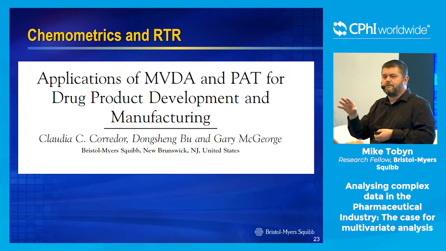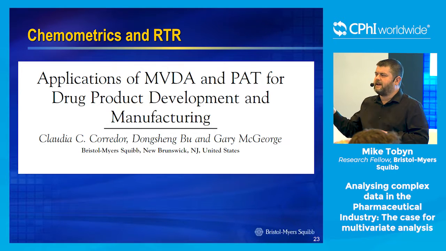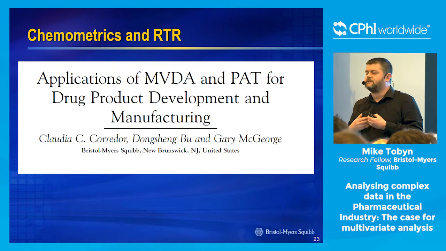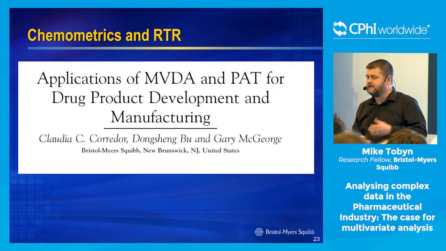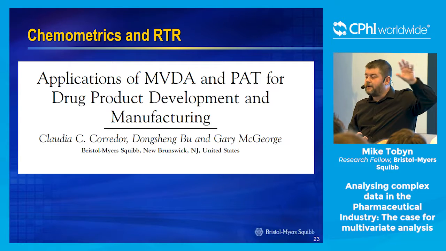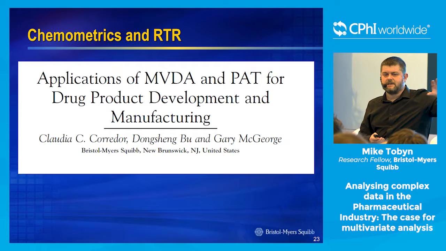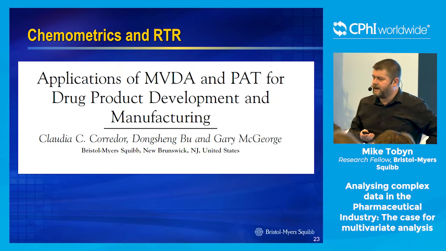And that's where it really got a foothold, when it started to meet expectations. And now it's very widely used for that purpose. If you're developing a real-time release on a PAT method, you'll probably be using chemometrics and multivariate analysis to get to your endpoint. There perhaps are other ways of getting there, but we're a relatively conservative industry. The fact that other people have already been through the process means that it's a good way to go. So that's been very widely used.